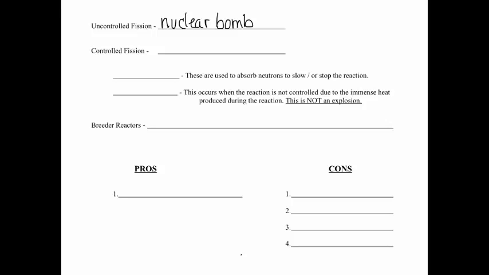Controlled fission is what happens in a nuclear reactor or a nuclear power plant. In a nuclear reactor, we use something called a control rod that helps to control what those neutrons are doing.